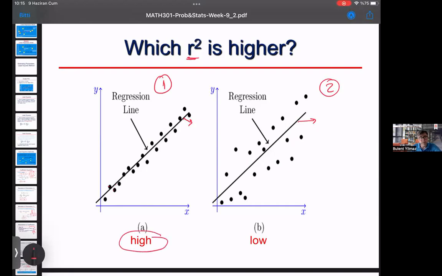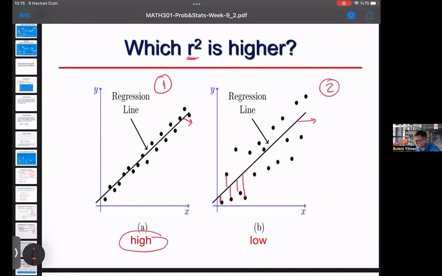Because it's a good fit. The error is quite small. Here, you see the error here, error. And there is a kind of scattering, or the error is high, when you think about this regression line.